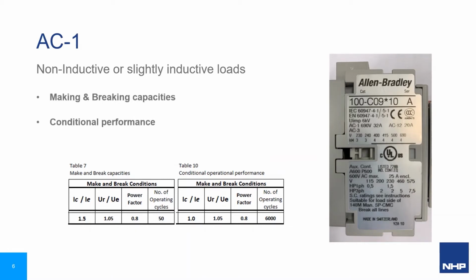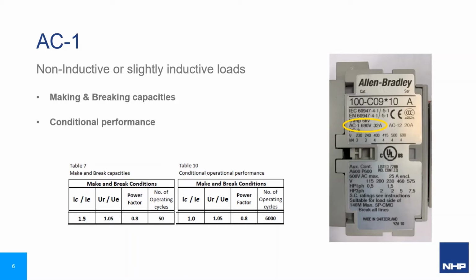The testing for AC1 duty is performed at a power factor of 0.8, with conditional performance at its rated current and verified to make and break at a 50% higher value. The nominated AC1 is one of the common ratings which is designated on the rating nameplate of a contactor.